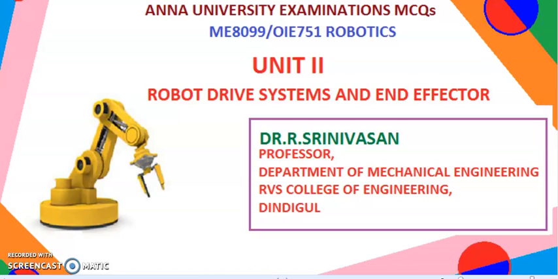This is mainly for introducing you the MCQ models, multiple choice question models for the subject robotics, ME 8099 as well as OAE 751. In this video we are going to see the multiple choice questions for unit 2 about drive systems and end effector.